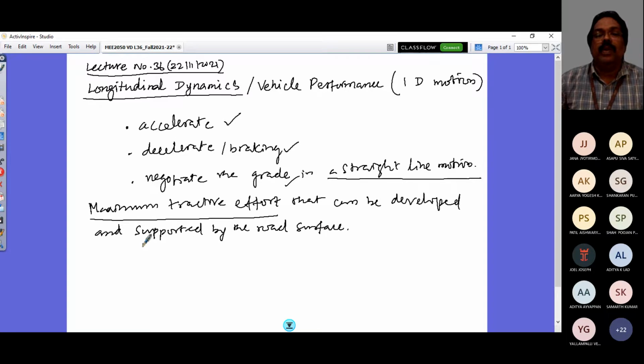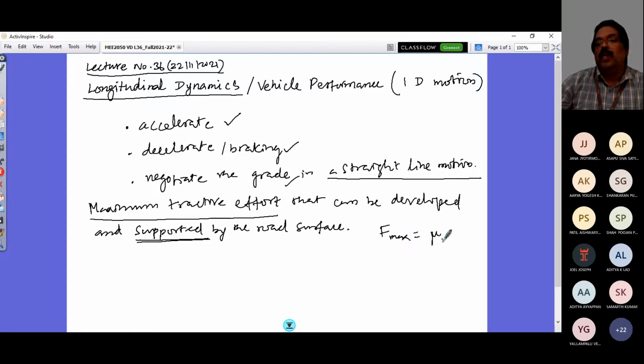The word supported here is something to be looked at critically. How much can be developed and how much can be supported is very important here. How much can be supported is dictated by mu p times W, where mu p is what is called the coefficient of road adhesion.